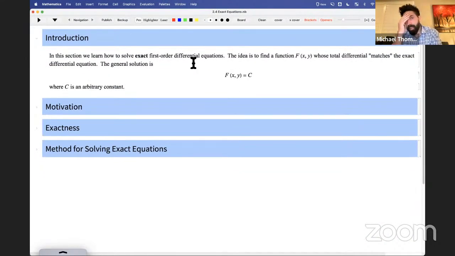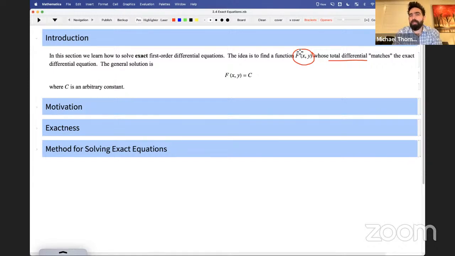So again, we're solving exact first order equations. So the idea is that we're going to find a function of two variables. We'll call it capital F, doesn't matter, whose total differential, I'll explain what that means in a second, matches the exact differential equation in differential form. Okay, so that's a lot. Doesn't really make sense yet, but that's okay.